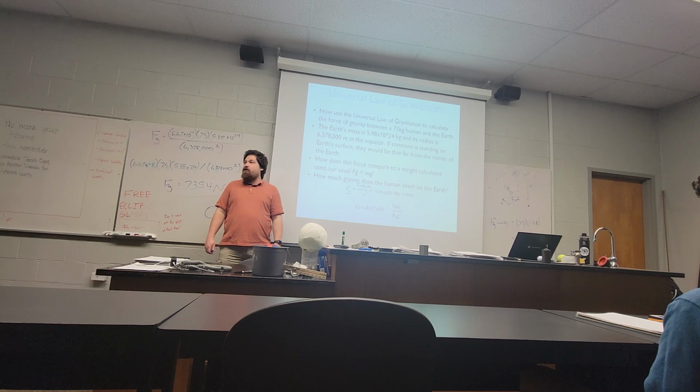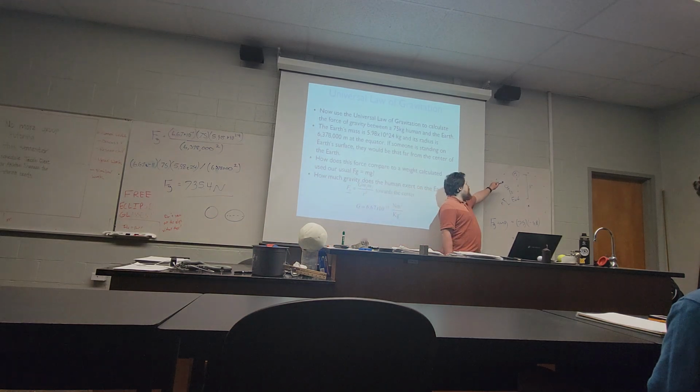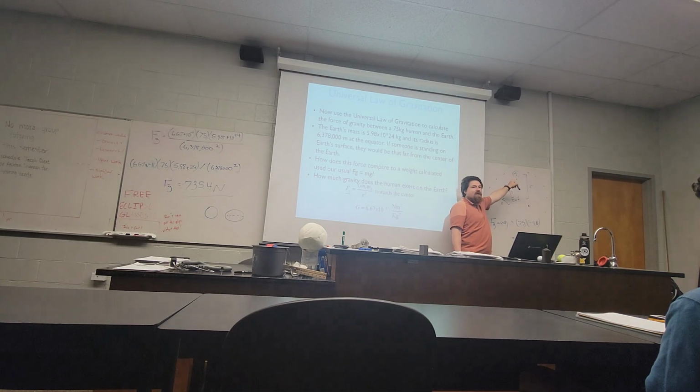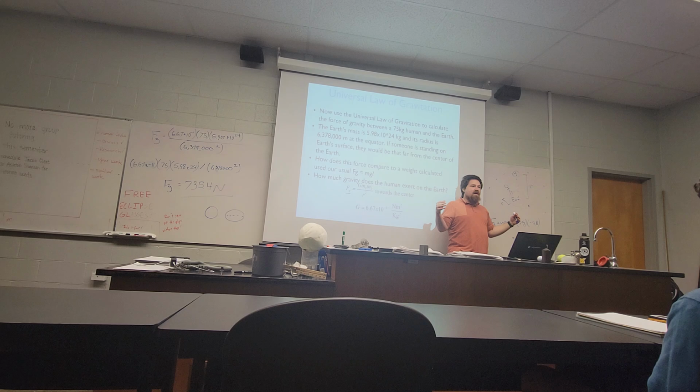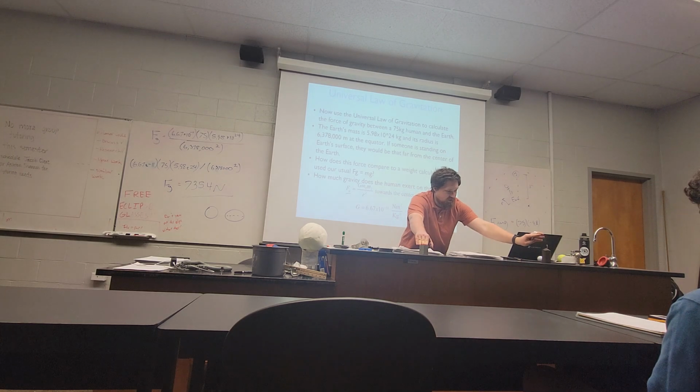Likewise, however much the moon weighs at its current orbital position, it exerts gravity back on the planet as well. This formula is always two-way. This object is pulling this object towards it. This object is pulling this object towards it.